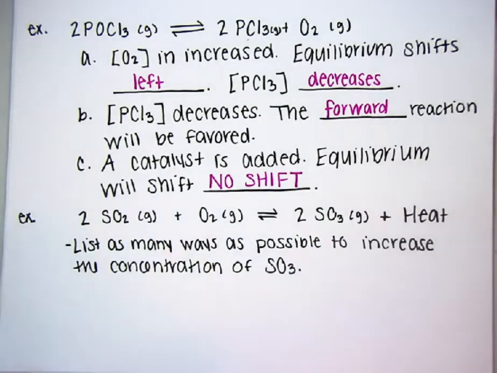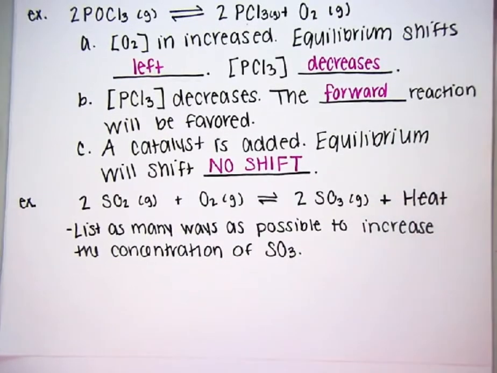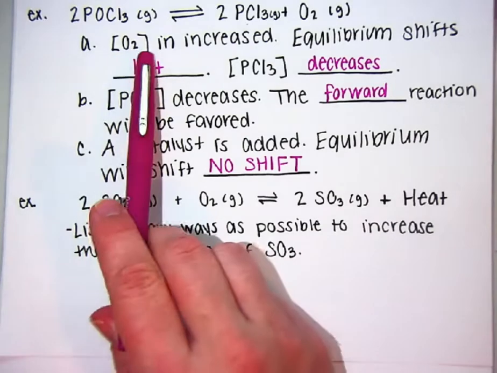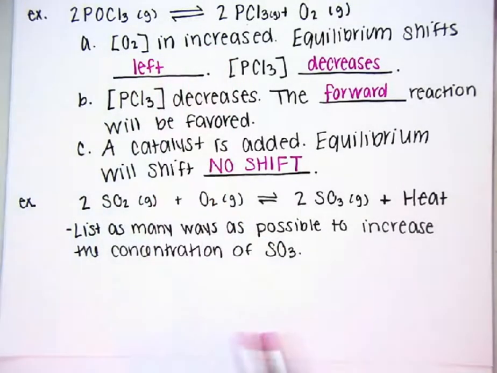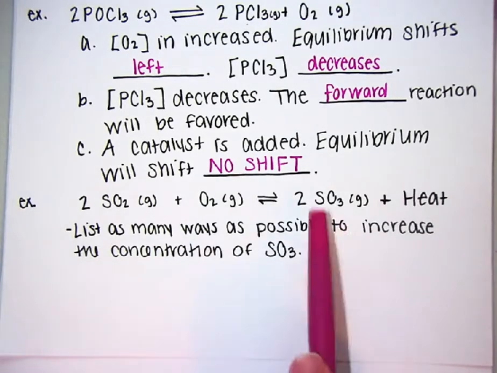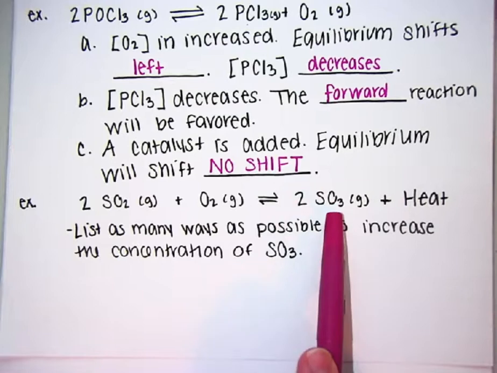All right, let's think about this problem. We haven't really done one like this so far. So we are not stressing the reaction. Normally, I tell you the concentration of something has increased. In this case, we want to figure out how do we need to stress the reaction. I want to make as much product as possible.